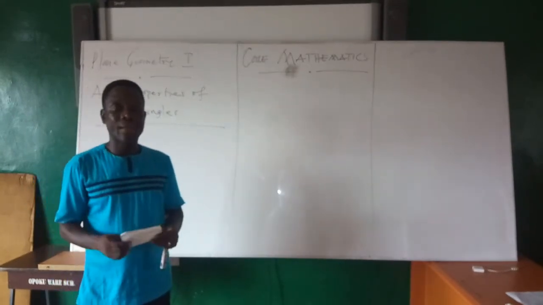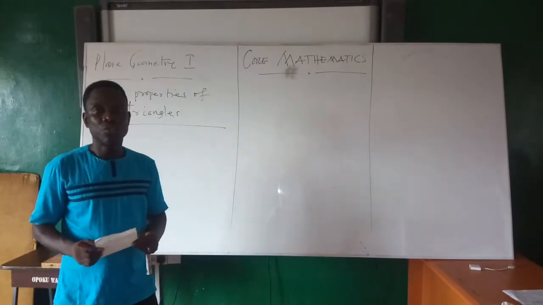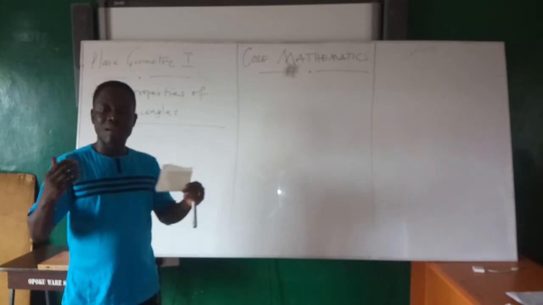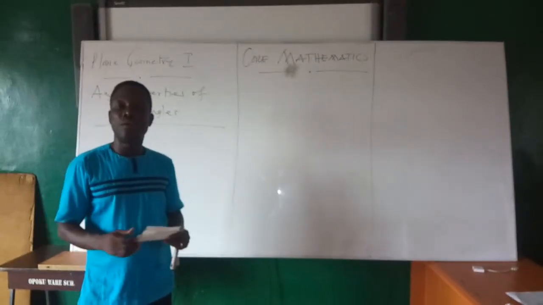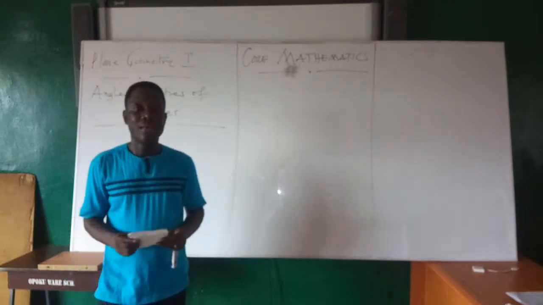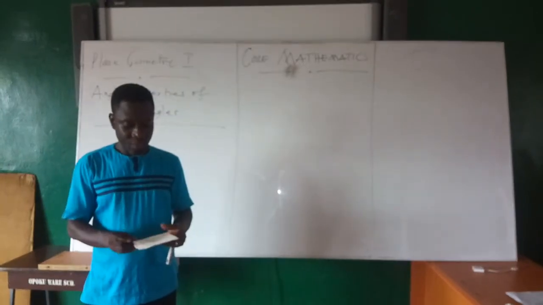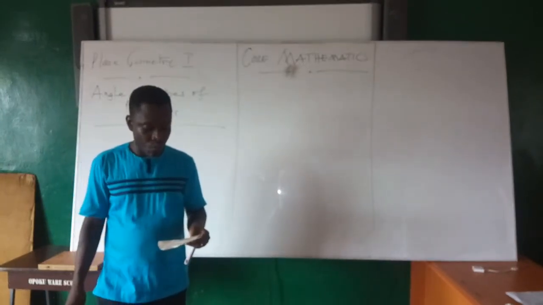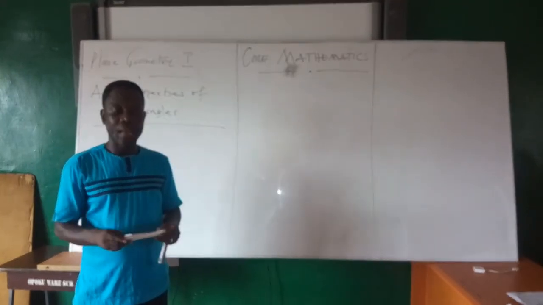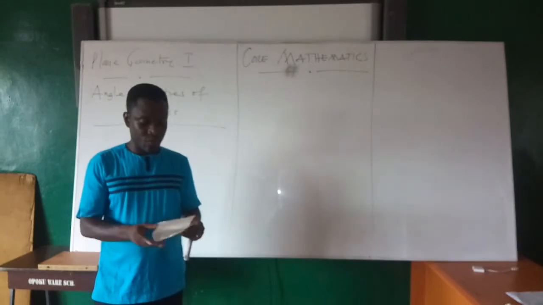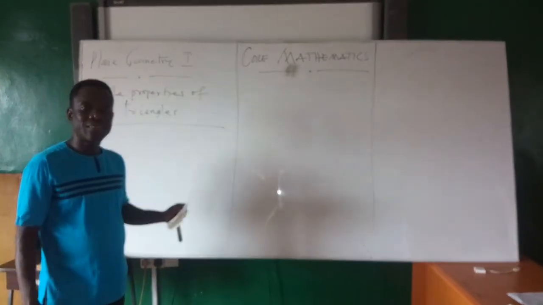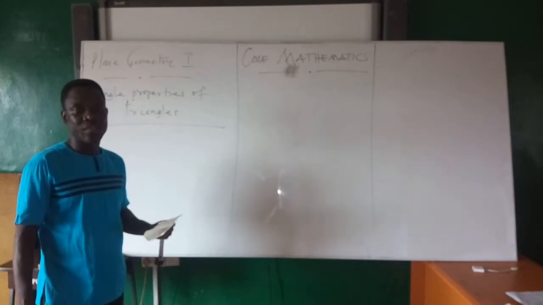Once you are in that mode, then you are ready to go. But even more importantly, you should also have some understanding of triangles and especially the types of triangles. So these are the basics that you need to be able to move on. So with that, I'm ready to get into today's lesson.